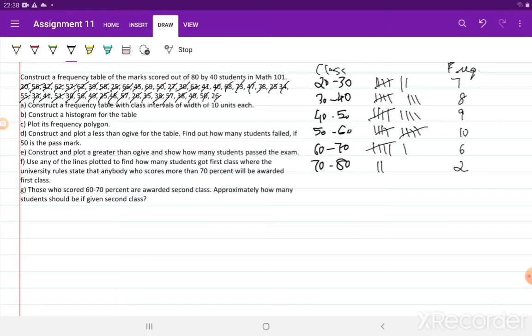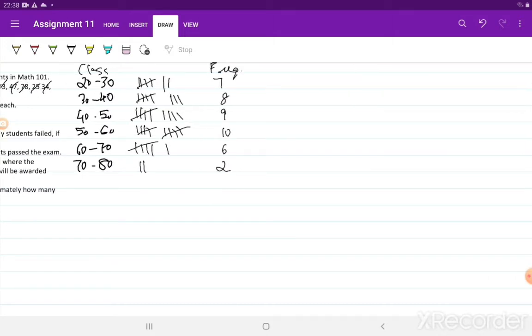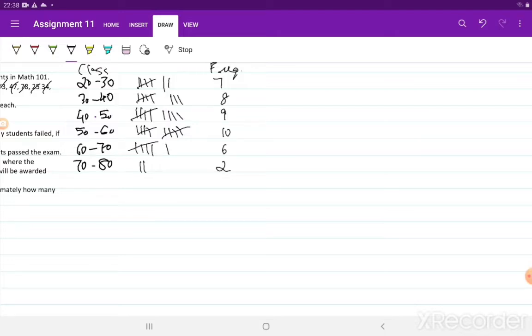That can be done over here. Remember, in a histogram, both the x-axis and the y-axis present quantities. Okay. Once again, please assume that it's a straight line.